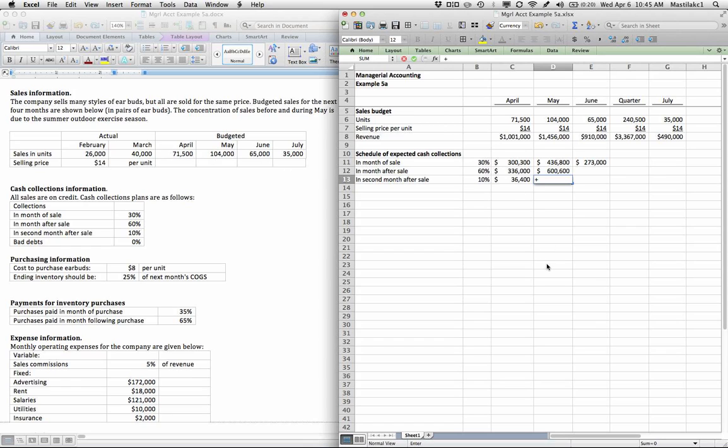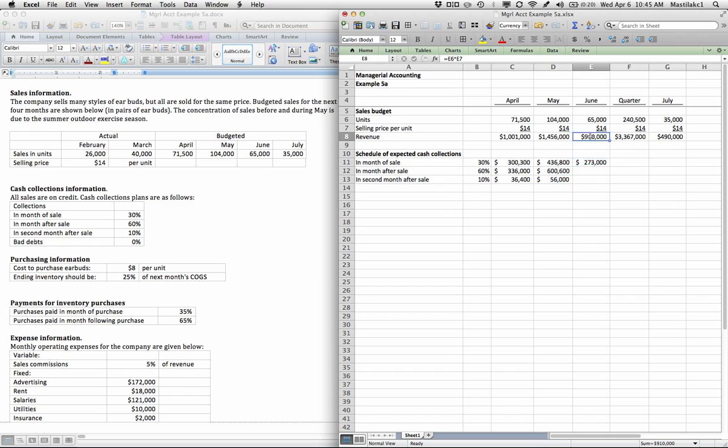So we can say 40,000 units times 14 times 10% will give us 56,000. Now, if we had been doing a budget that included February and March sales in prior columns, we could easily just look back to those prior columns within our spreadsheet. We don't happen to have that here, so I'm typing the numbers in. But we know in May we're collecting 30% of May, 60% of April, and 10% of March.